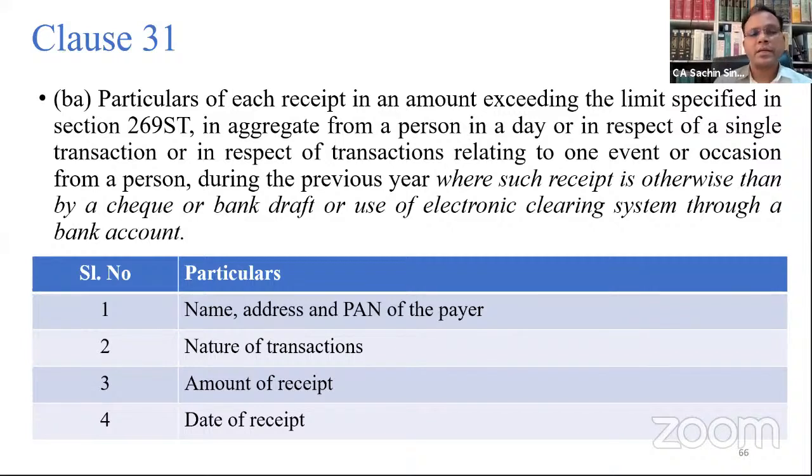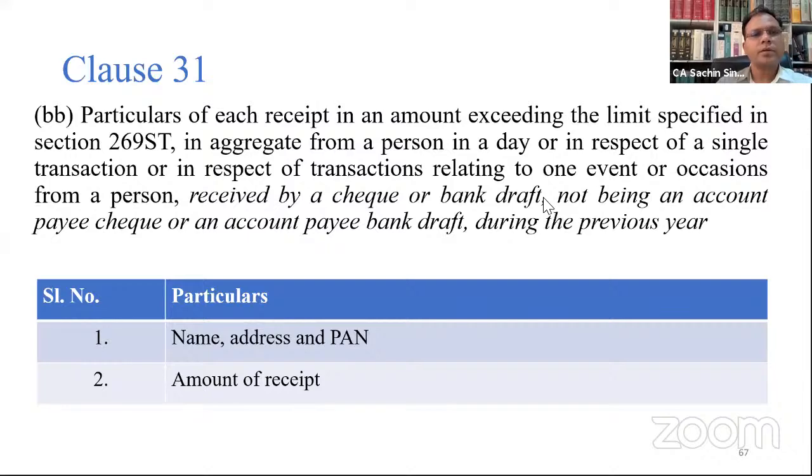However, 269SS says if there is any loan which is being repaid otherwise than by an account payee cheque or bank draft or any other mode, then it is to be reported. Any other mode means any other electronic mode. So in that case, it is to be reported in both cases.